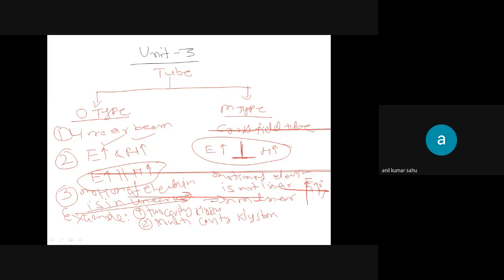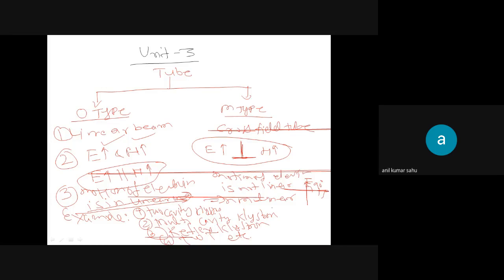The third is the reflex Klystron. And the fourth is the TWT, traveling wave tube, and many more. These are the examples of linear beam tubes.